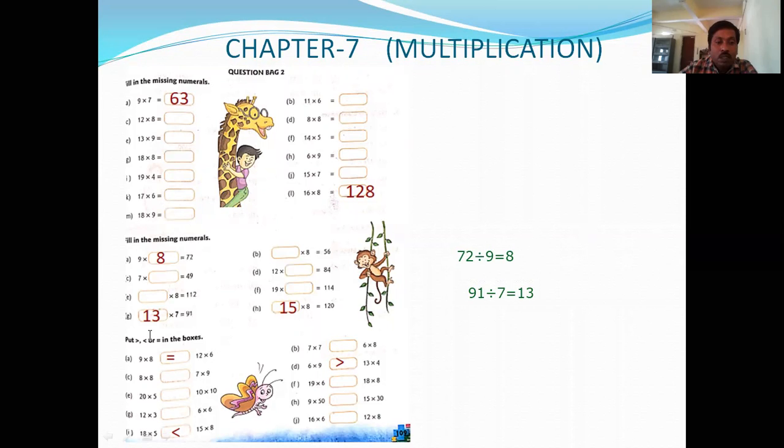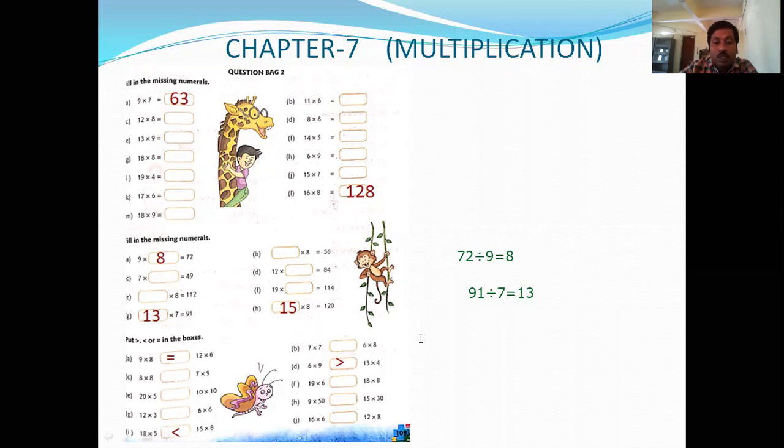Now here is the next question. Put a greater sign, less sign, or equal sign in the boxes. How can we compare the numbers on the left side of the box and the right side of the box?